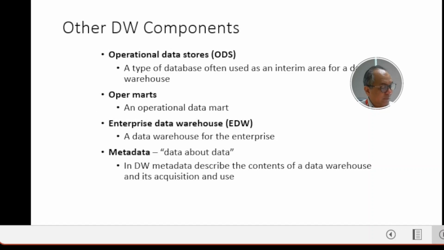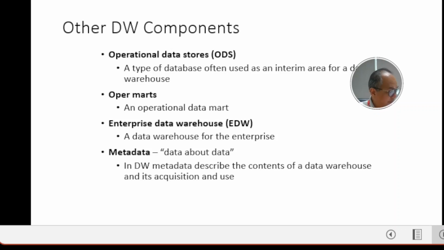So other data warehouse components: we have operational data stores, meant for operational systems. And in the operational data stores, we have what we call operational data marts, or Oper Marts.